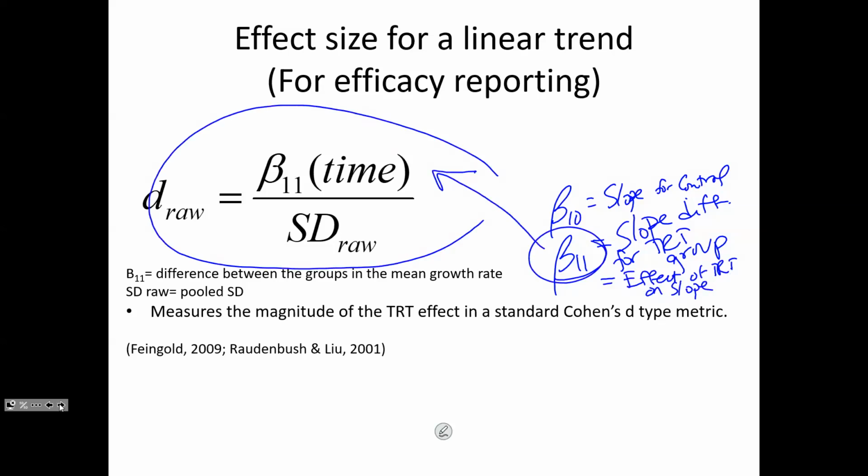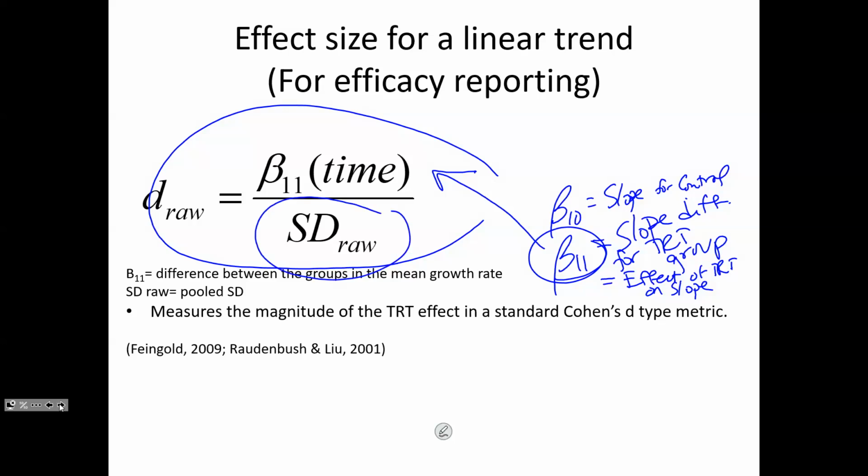That's beta 1,1. And then what we need here is some measure of the standard deviation. And that will give us a good effect size estimate for efficacy reporting for the slope.